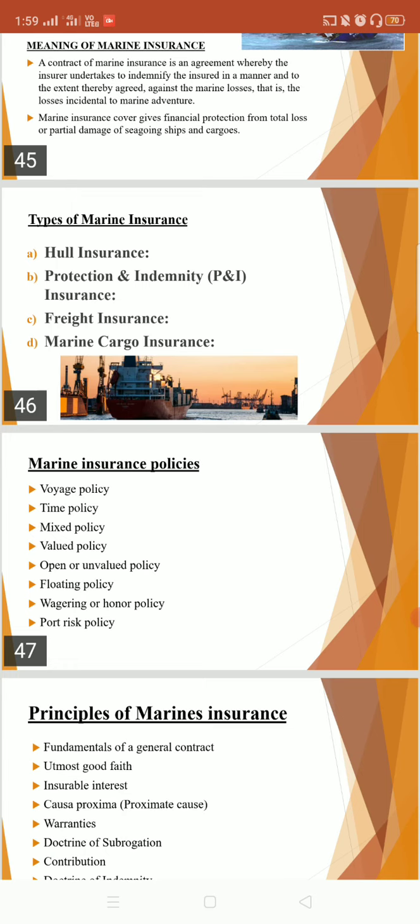Next one we have is wagering policy. It is usually not so famous, or not so important a kind of policy. Usually the insurance company will not cover it. What a wager is, there is no fixed term for reimbursement. Nothing is mentioned about how we are going to reimburse.